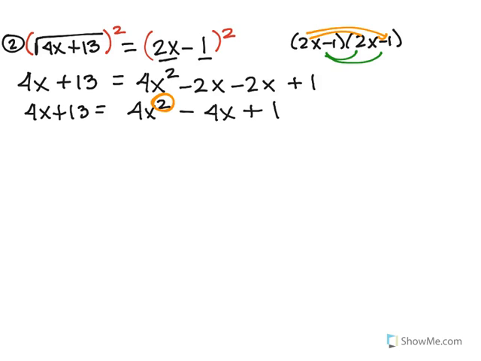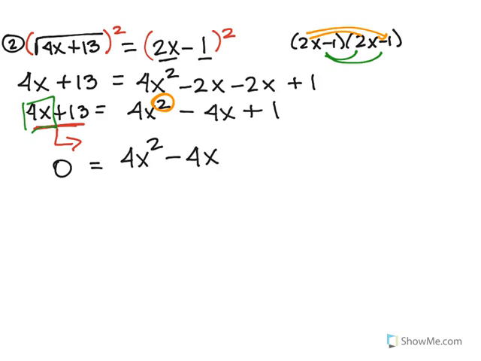Now, this time I'm taking everything to the right, because that's where my x squared is. I always go where he is because you want to keep him positive. Does that make sense? So this time I'm taking this 4x plus 13 and I'm moving him over. So I put 0 on this side. I bring down my 4x squared minus 4x.